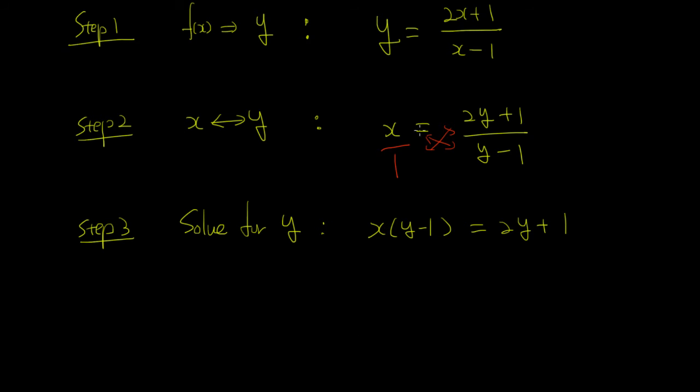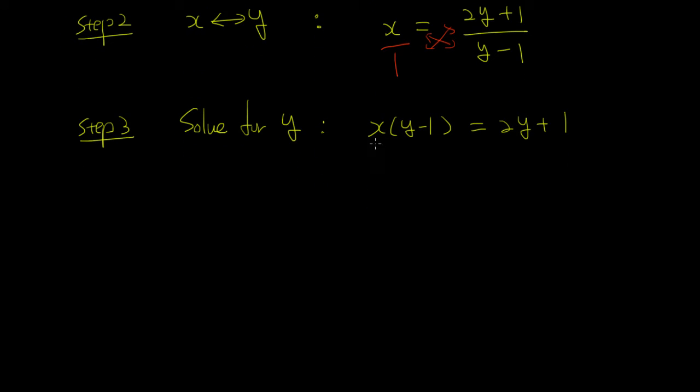Okay, then x times y, x times minus 1, equals 2y plus 1. So I'm going to move this to here and move that to here, right?